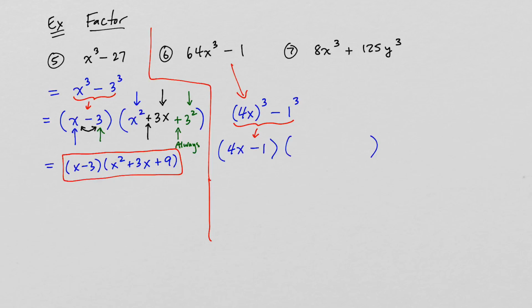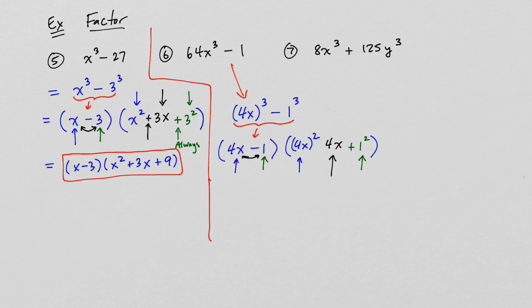And then in the trinomial, to get our first term here, we're going to take the 4x and square it. And to get our last term here, we take the 1 here and we square it. And that's always positive. And to get the middle number, we take these two and we multiply them together. So 4x times 1 is 4x.